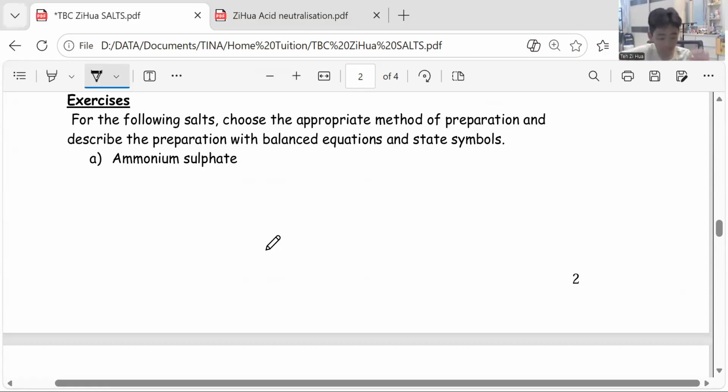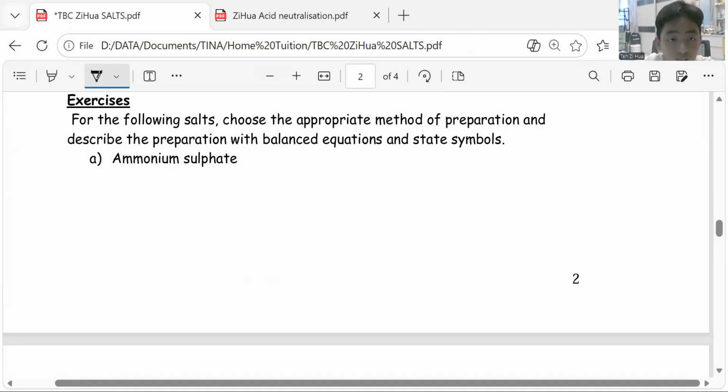Write down the method. Send to me when you're done.